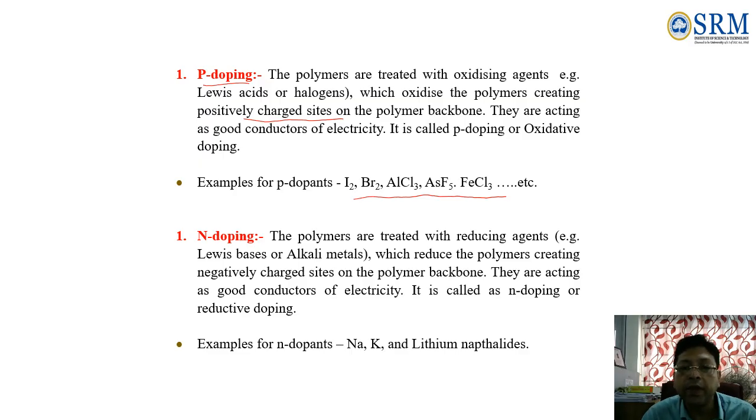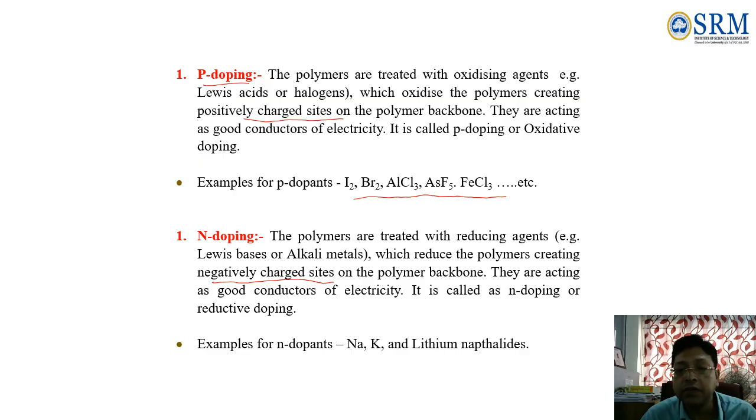And in n-doping, when the polymers are treated with Lewis bases or alkali metals, the reduction of the polymer takes place, and therefore negatively charged sites are created on the polymer backbone. So this is called n-doping or reductive doping. So what are the n-dopants? Sodium, potassium, lithium, naphthalides.